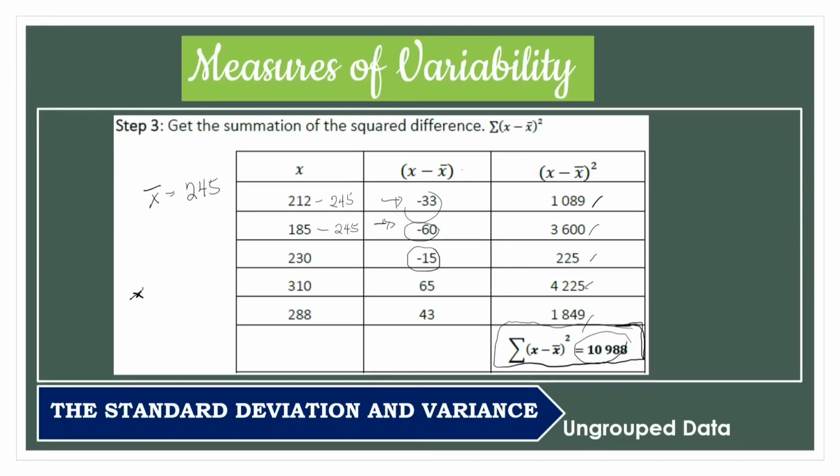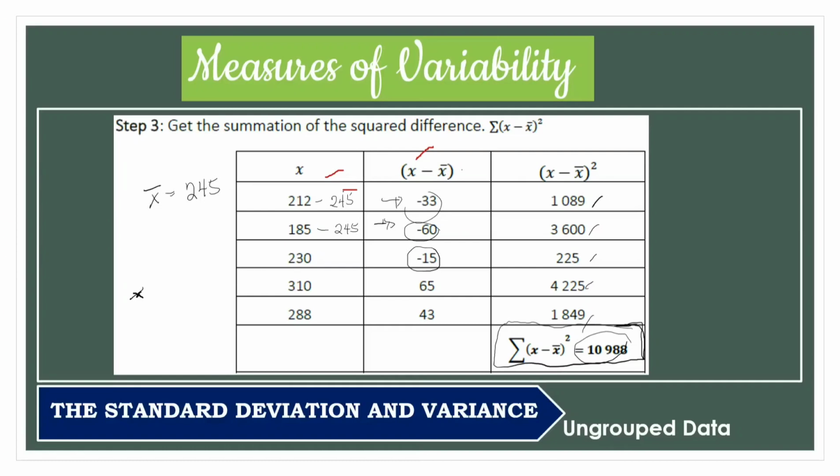Okay, step 2 and step 3 are already here. For step 2, we are going to subtract the value of the mean from the value of x. We have solved the mean a while ago, and the value was 245.